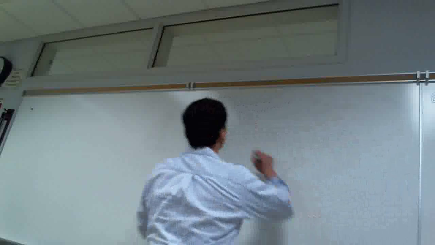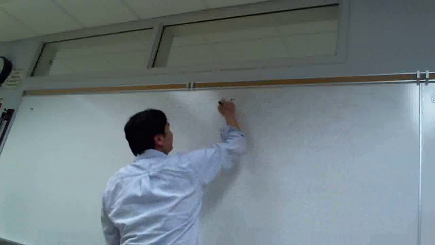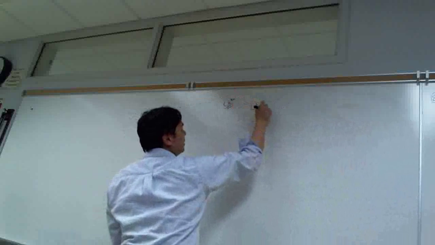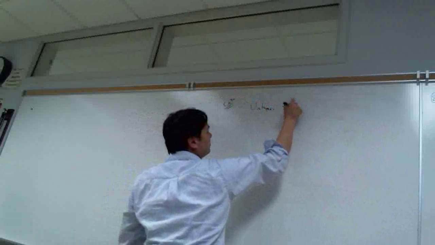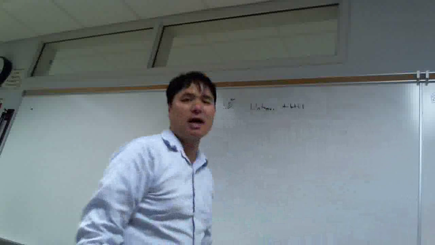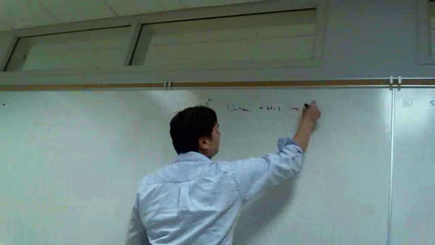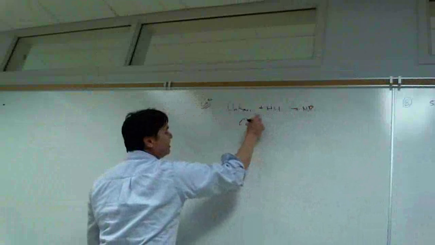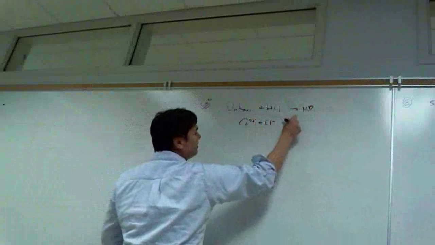All right. Now calcium. If our original unknown aqueous contained calcium and we add HCl, do you expect anything to happen? No. That's what we see in our notes. And calcium and chloride aren't going to precipitate.